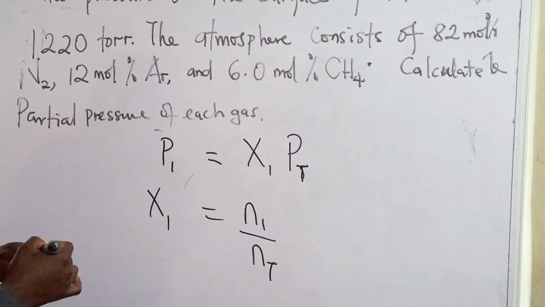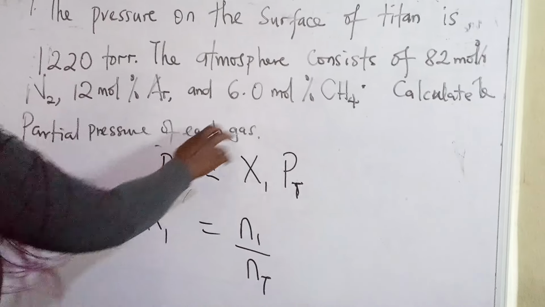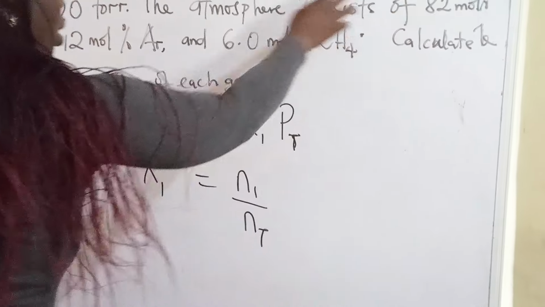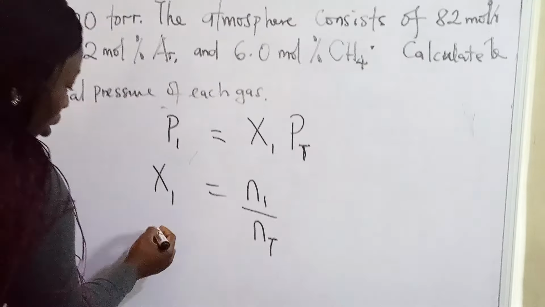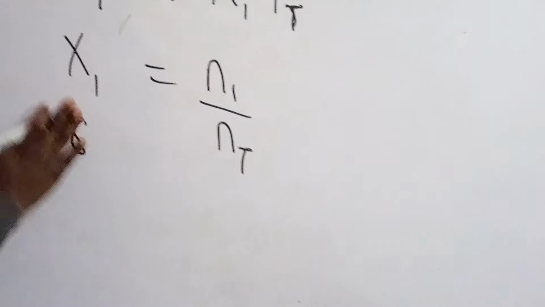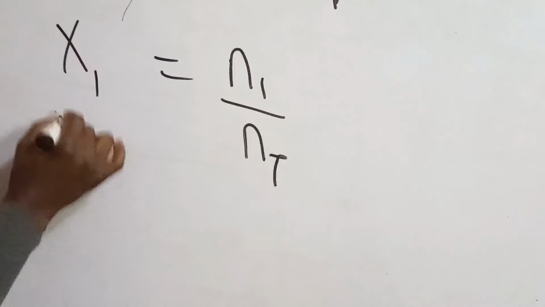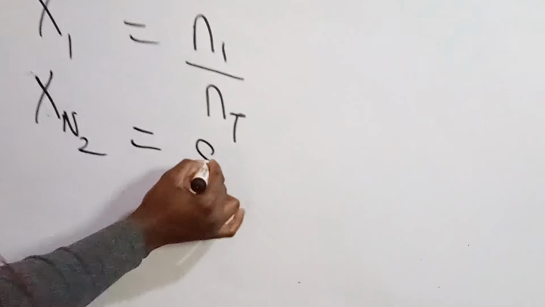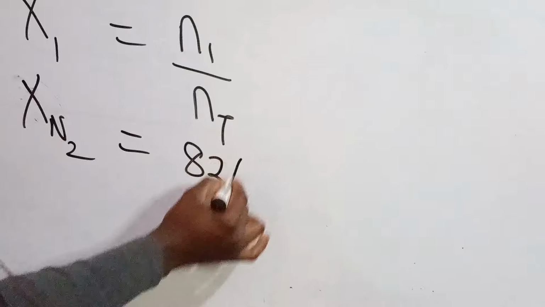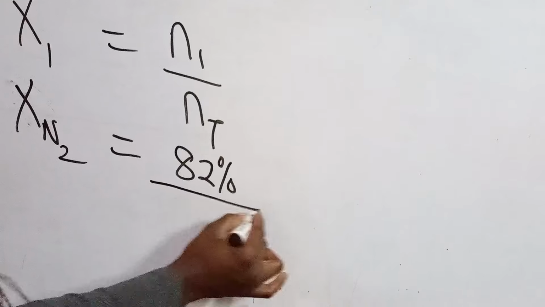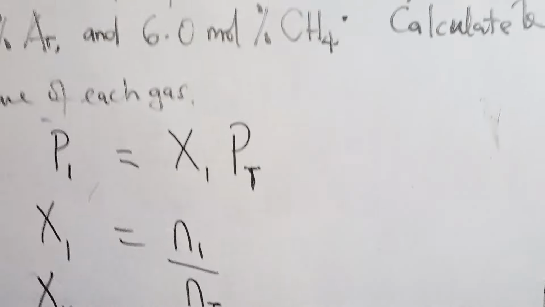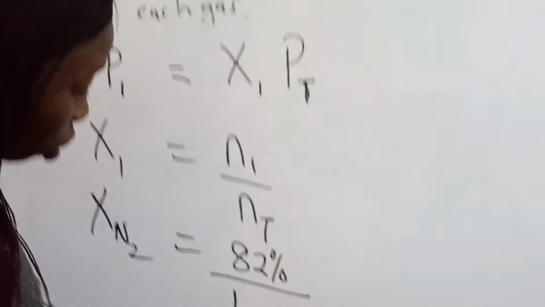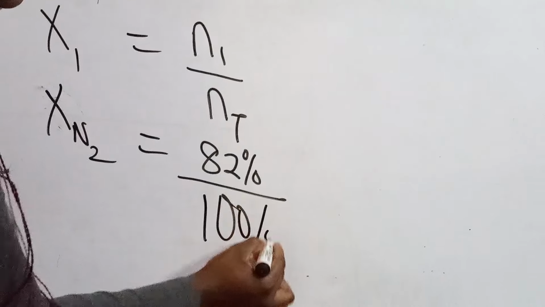So let's assume our P1 is nitrogen, and they said 82 percent of what? Nitrogen. That means X nitrogen gas is equal to 82 percent over, if you add 82 plus 12 plus 6, it will give us 100 percent.